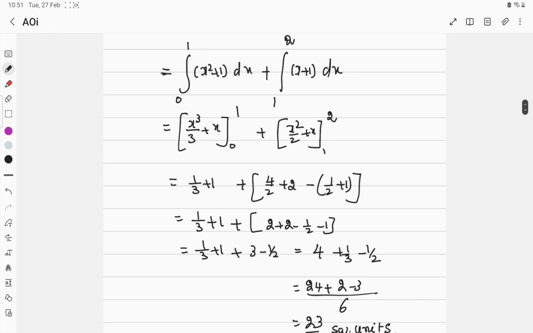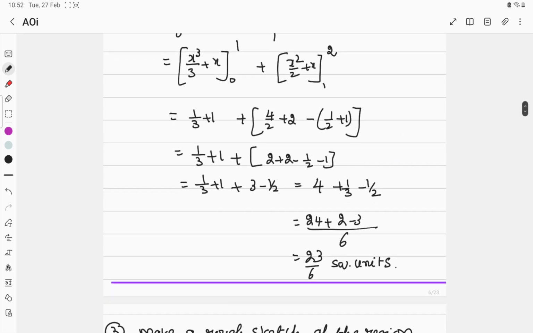Here it is upper limit minus lower limit. For upper limit 1 and lower limit 0, everything becomes 0. Here upper limit 2: 2 square, 4 by 2 plus 2, minus 1 by 2 plus 1. On solving, we get the value 23 by 6.